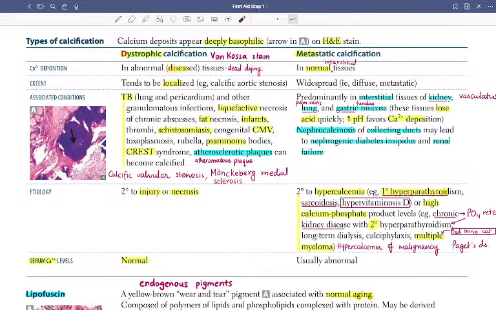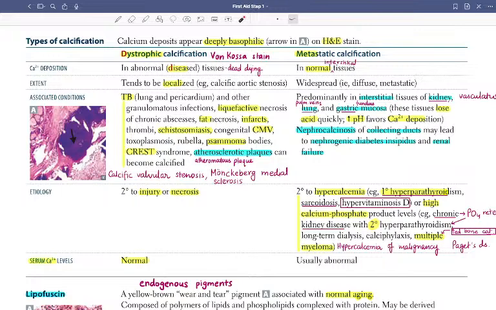Metastatic calcification damages all the normal tissues. Okay, next is extent. Dystrophic is localized, like calcific aortic stenosis and so on. Metastatic is widespread, diffuse, and so on. Okay, diffuse metastatic, like you can have in breast carcinoma. Then where else, blastic lytic metastasis, prostate carcinoma.